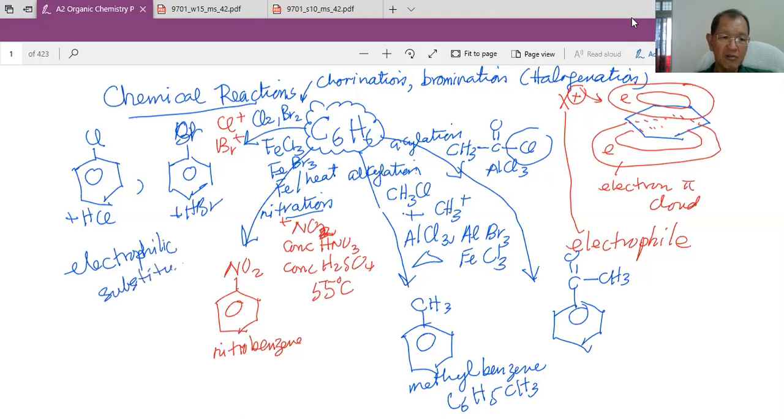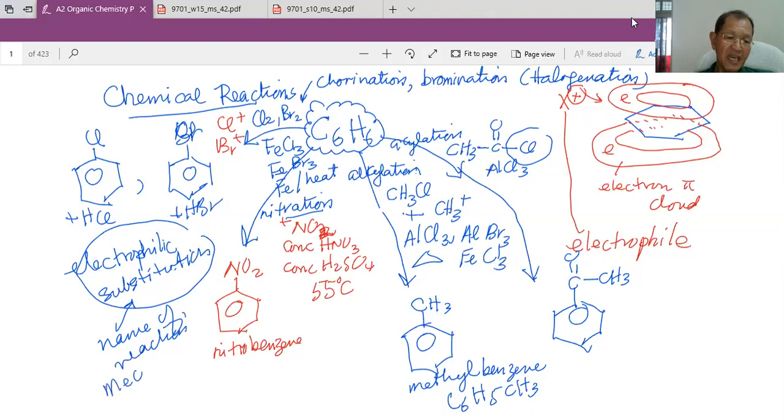It's the name of the reaction, and also the name of the mechanism. Same. You will see after our break. Okay, electrophilic substitution. Of course, fine.